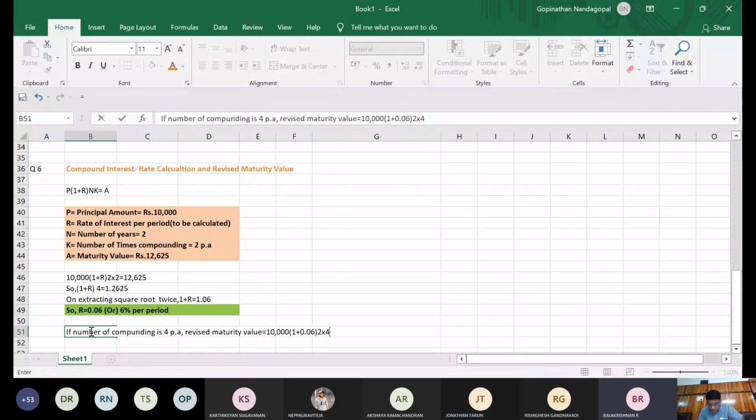But per period it will change: for 6 months it is 0.06, and for 3 months it will be 0.03 only. Right? Yes, 0.03, right. So how much should it be, sir? Yes, I'm right, I understood. Tell me how much this is.